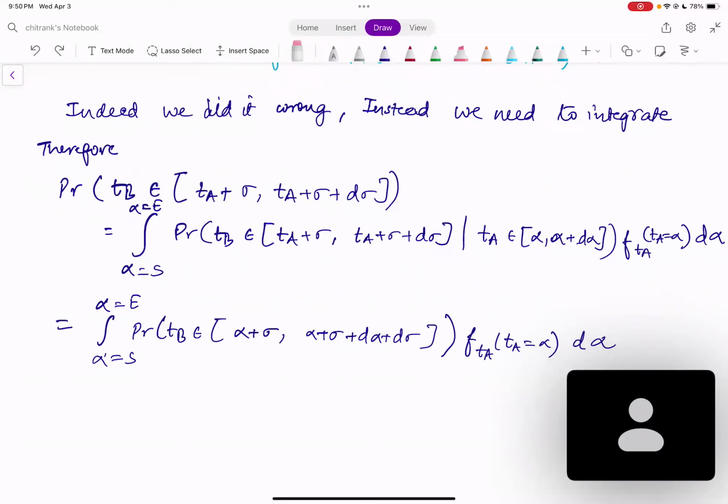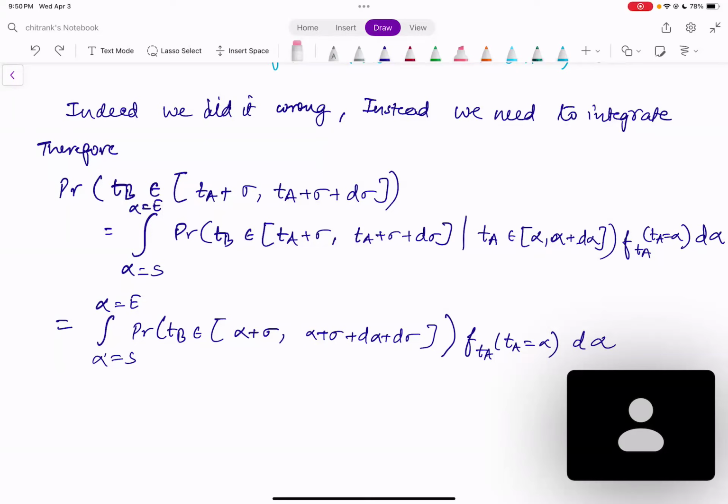Here we can actually simplify this conditional probability. In the last step, we conditioned the probability that TB belongs in a range on the event that TA lies in a range, alpha to alpha plus d alpha. Intuitively, what you can do is substitute in the value of TA.